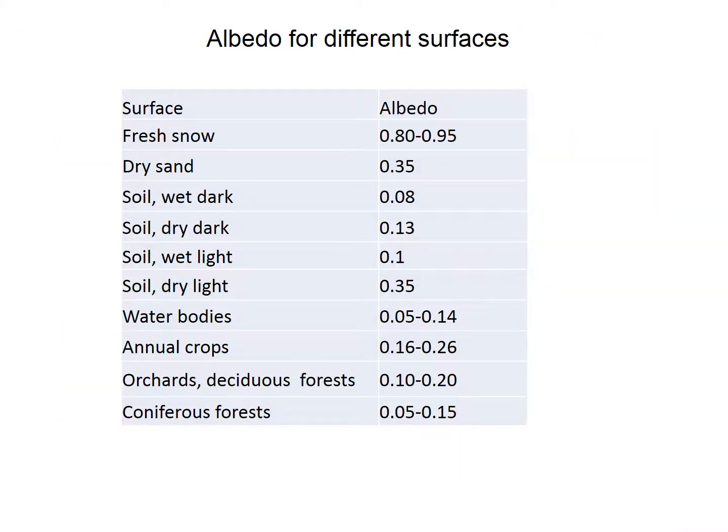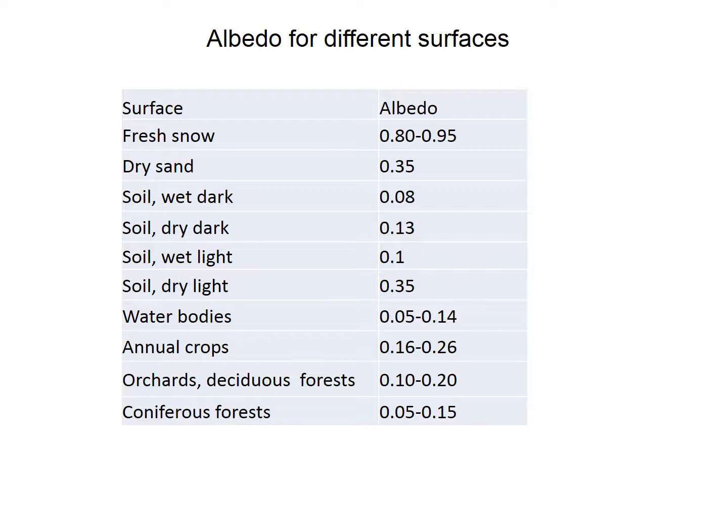In this table, we see values of albedo that only for fresh snow are close to 1, but for other surfaces would go from 5 to 35%. For dry sand, for instance, or dry light soils, it would be 35% of albedo.